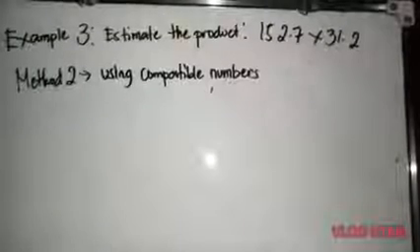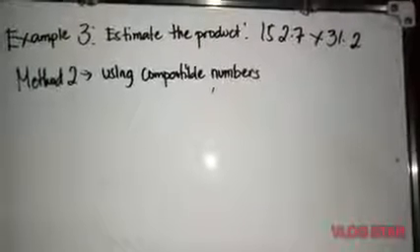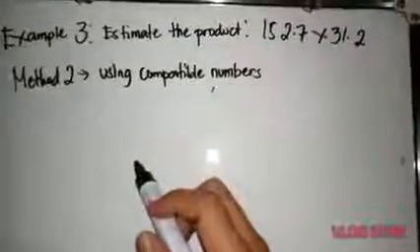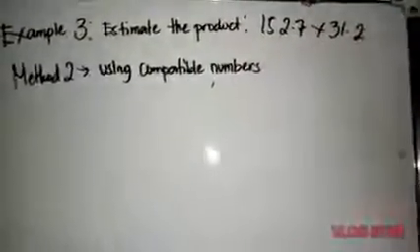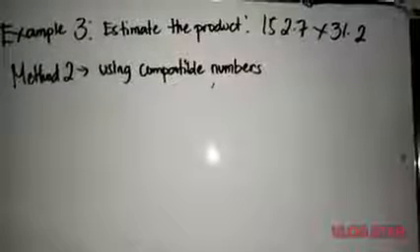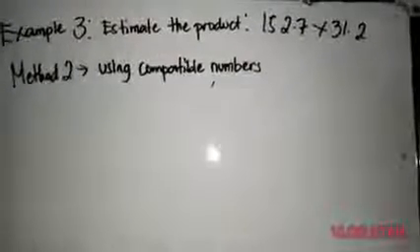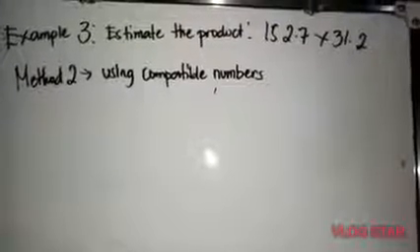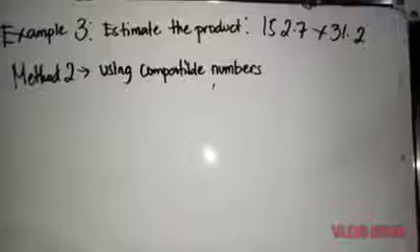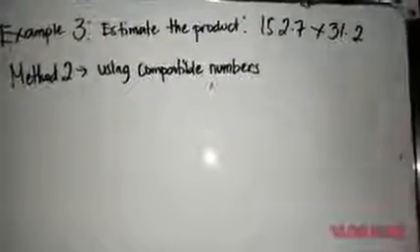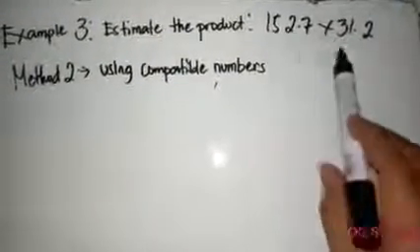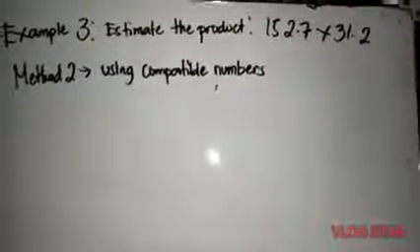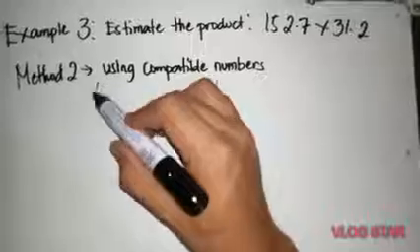So another way of estimating the product is using compatible numbers. When you say compatible numbers, these are numbers whose product equals some multiple of 10. So how can we make it a multiple of 10? 152.7 times 31.2.